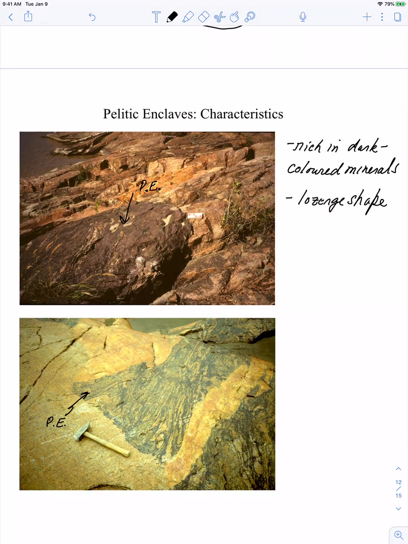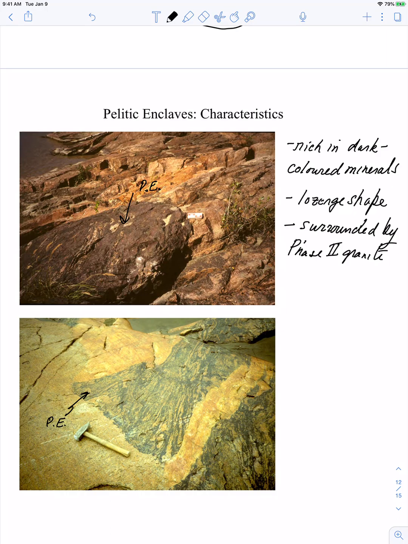Okay, so the other observation is that these politic enclaves are surrounded by phase 2 granite.